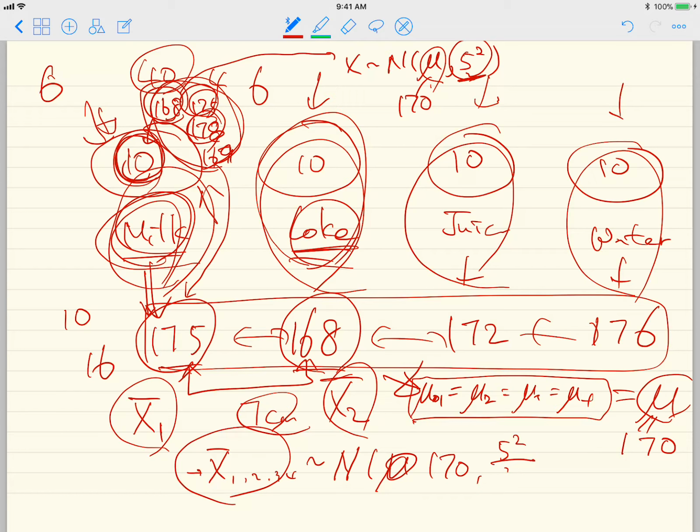Each of these x1, x2, x3, x4 is a sample mean of 10 observations. An individual observation follows the Gaussian distribution with variance 5 squared, and the sample mean's variance will be decreased to 5 squared divided by 10. This is just a property of our sample mean distribution.